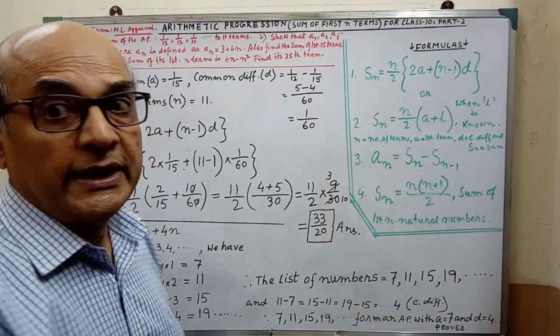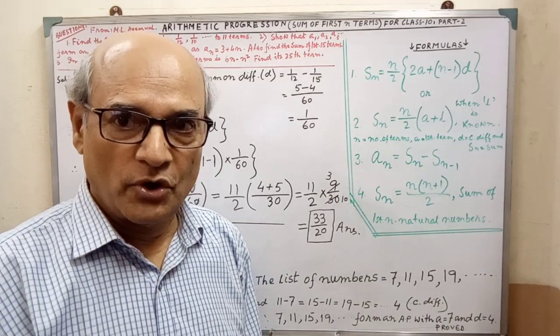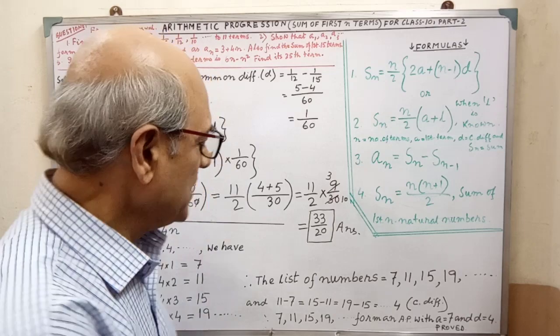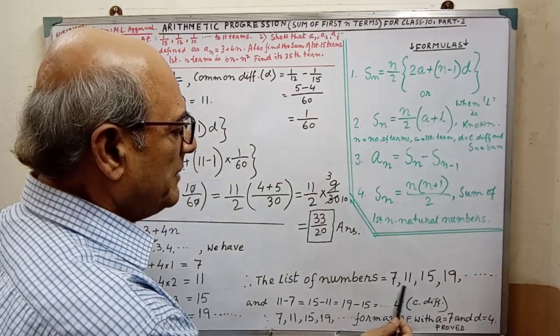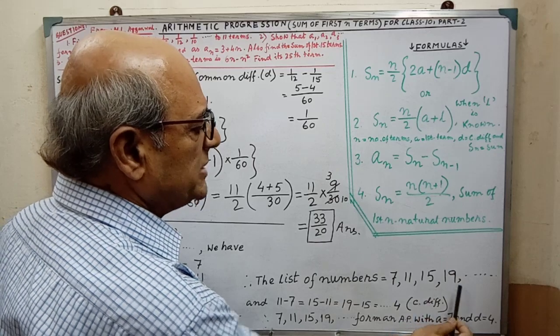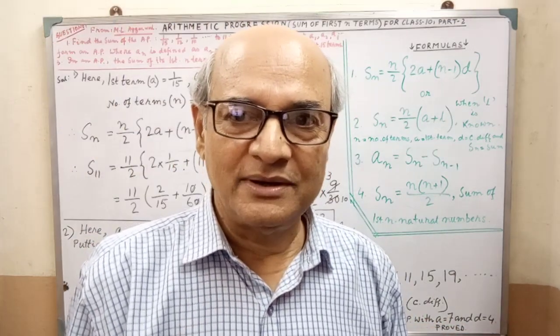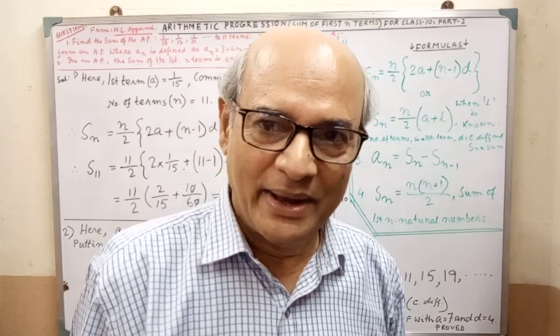Now whether the list is forming an AP or not, that we have to check. So 11 minus 7, 15 minus 11, 19 minus 15. In this way, if you see the same number is coming, then it will form an AP.